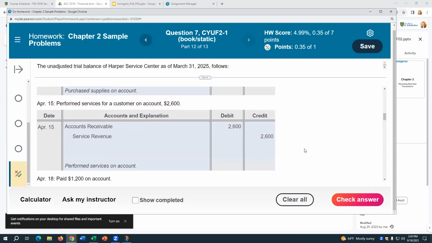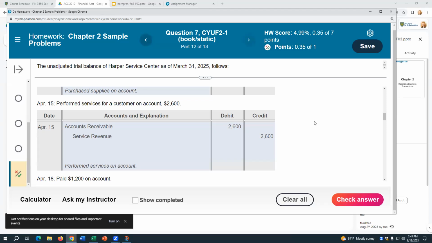And then on the 18th, we paid $1,200 on account. So again, the on account phrase means that we are either paying or receiving. So if we're paying, then it has to be accounts payable. What we would be doing there, though, is if we're paying something, we're also reducing our cash, right?